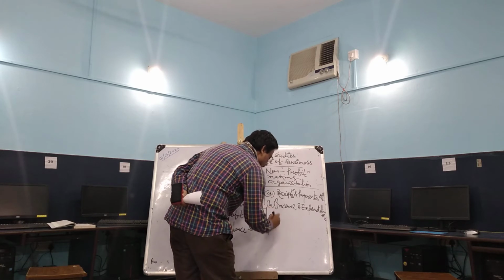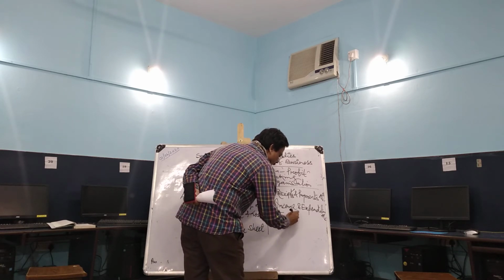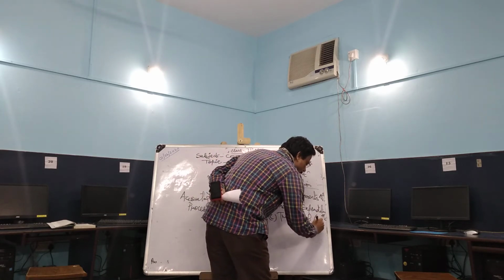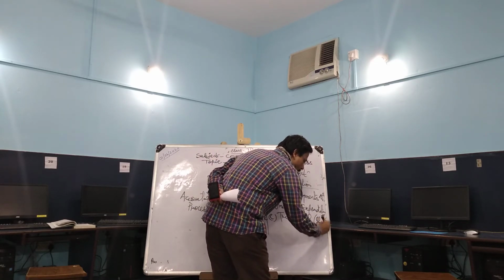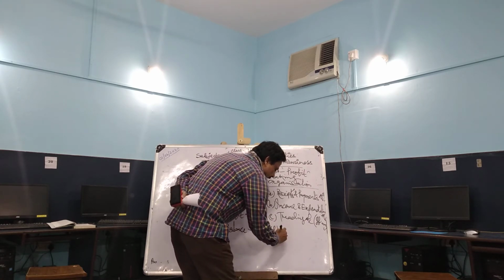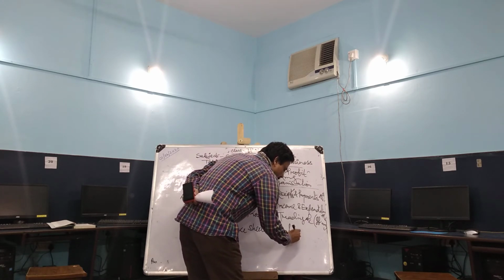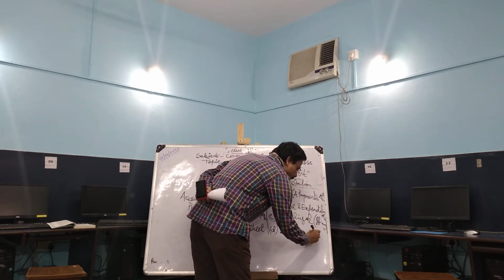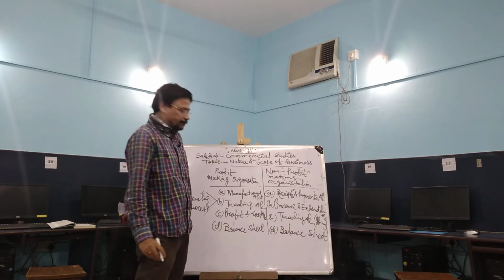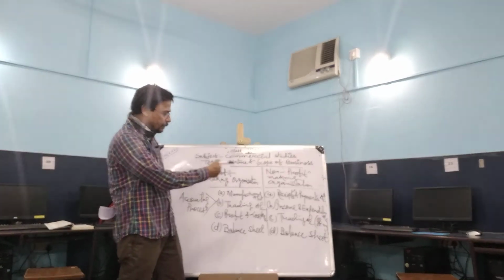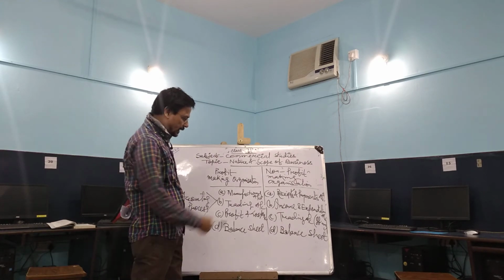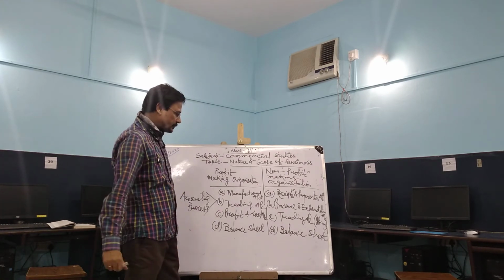Number C, trading account, if any. Number D, balance sheet. Clear, everyone? So on that side: receipts and payments account, income and expenditure account, trading account, balance sheet.